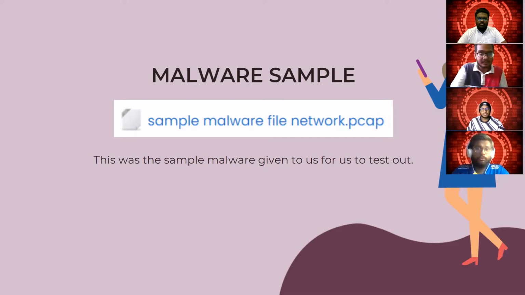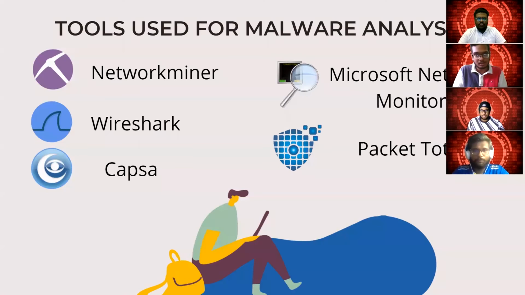Thanks, Harish. So, malware sample. We have taken the particular sample called malware file network.pcap file, and we have used this sample for the analysis process. We have used various tools for this malware analysis because each tool can detect different behaviors of that particular file.